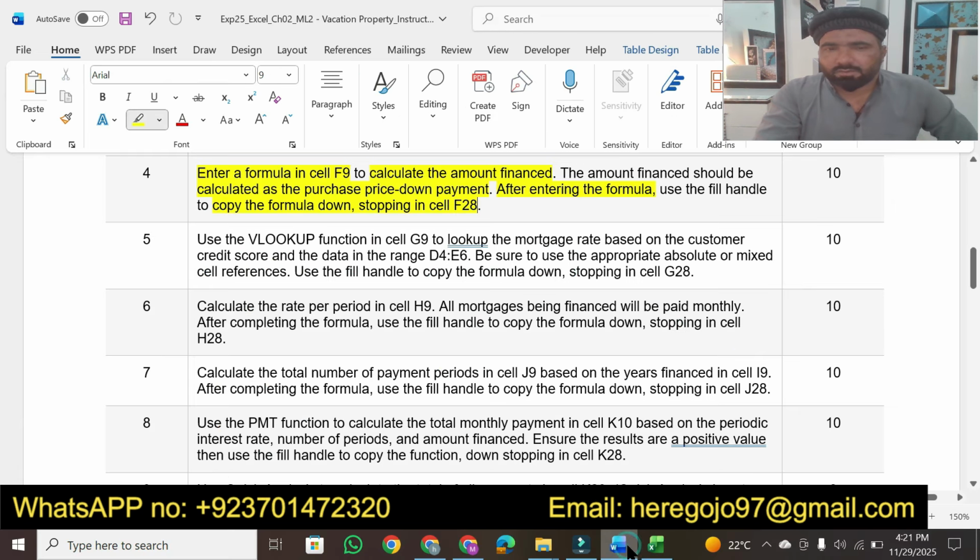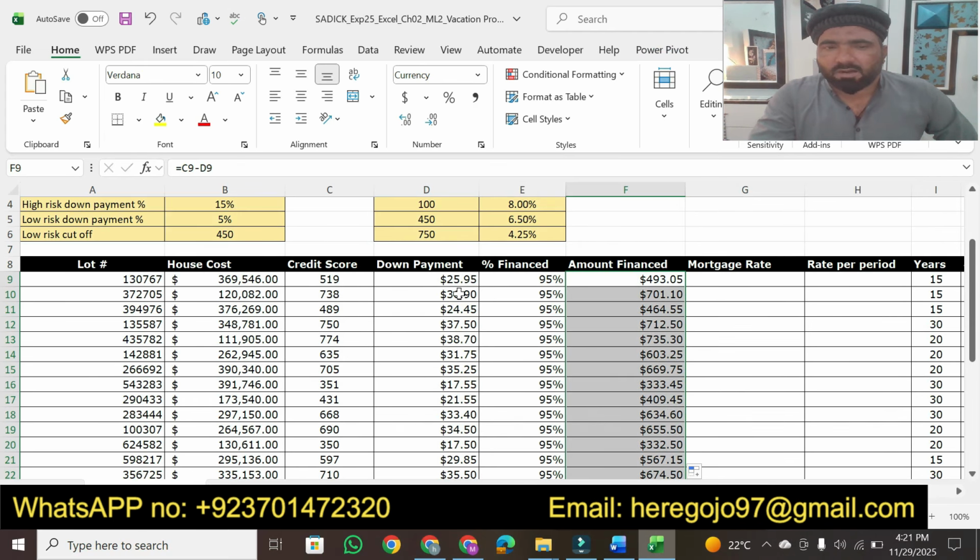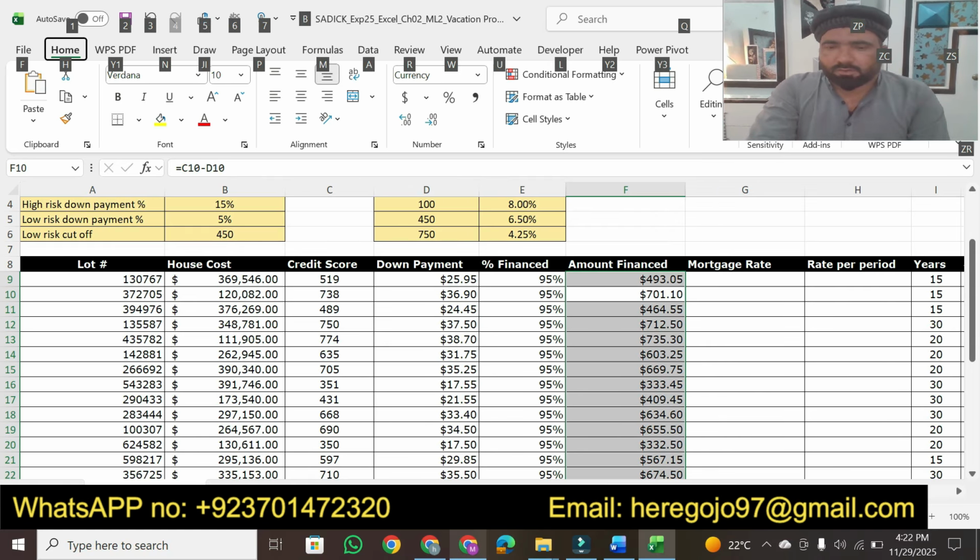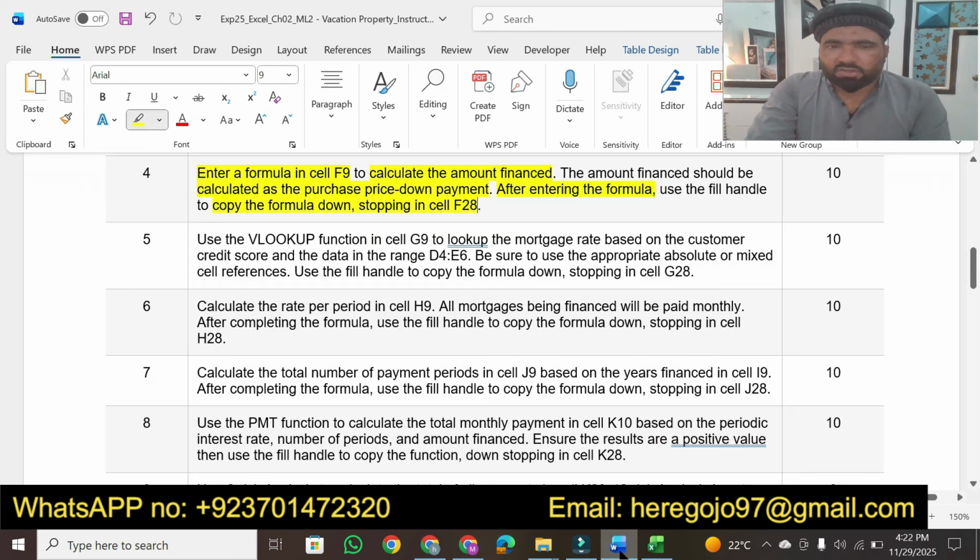So question number 4 is done. We had to enter a formula in cell F9 to calculate amount finance, calculated as purchase price minus down payment. So we minus this one. Okay.